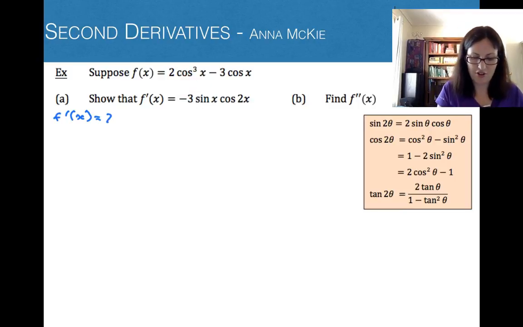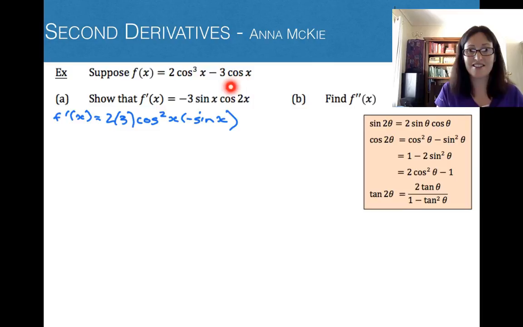So you leave the 2 there, you bring the 3, that power, down out the front, and you copy and paste the cos with one lower power, and then differentiate the cos, which is minus sine. And then the next term, differentiate that one, minus 3 by minus sine x.